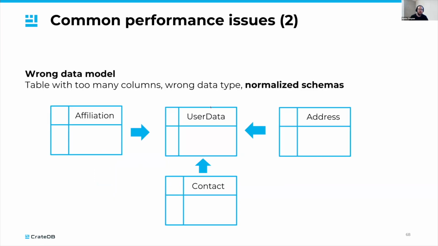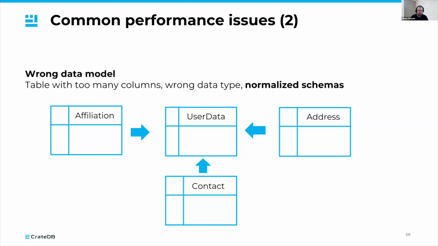Another important thing is that, especially because CrateDB is a SQL database, people coming from traditional relational databases might be used to normalizing schemas with foreign keys and things like that. So they have their data split into many tables, and this is not ideal for CrateDB.